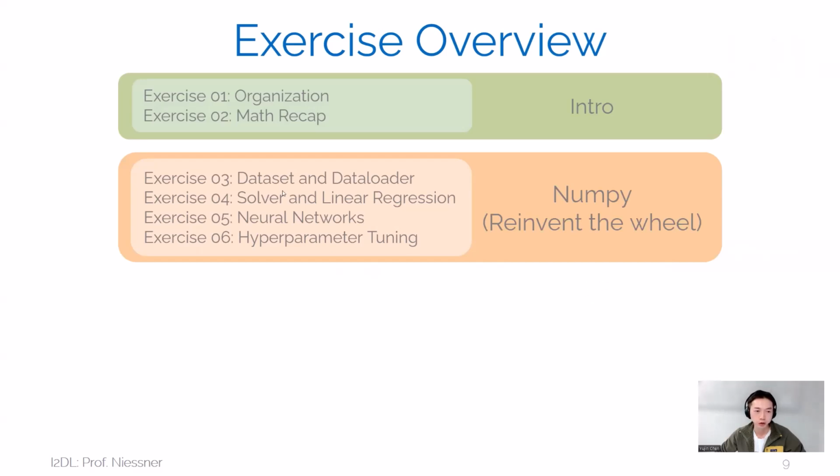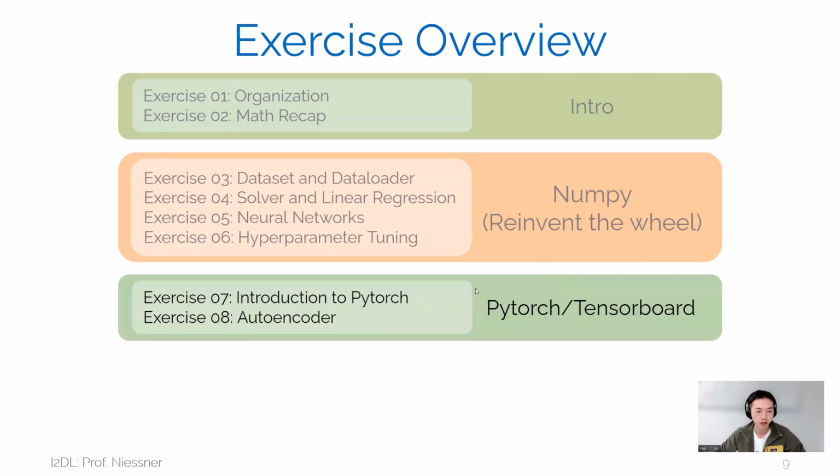In exercise 3, you got access to the dataset and also the data loader, and then you learned the solver, and also tried some very basic models like linear regression, and then you started to train a neural network and did a lot of hyperparameter tuning to try to make the network get better performance after your training.